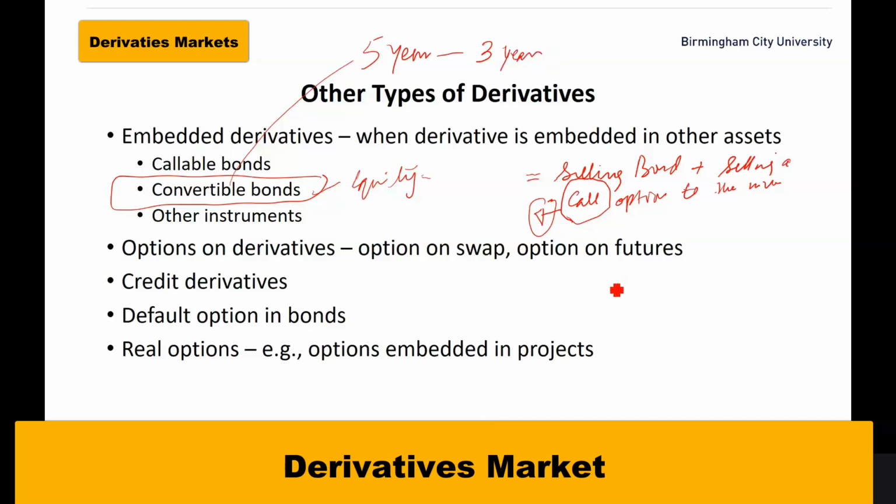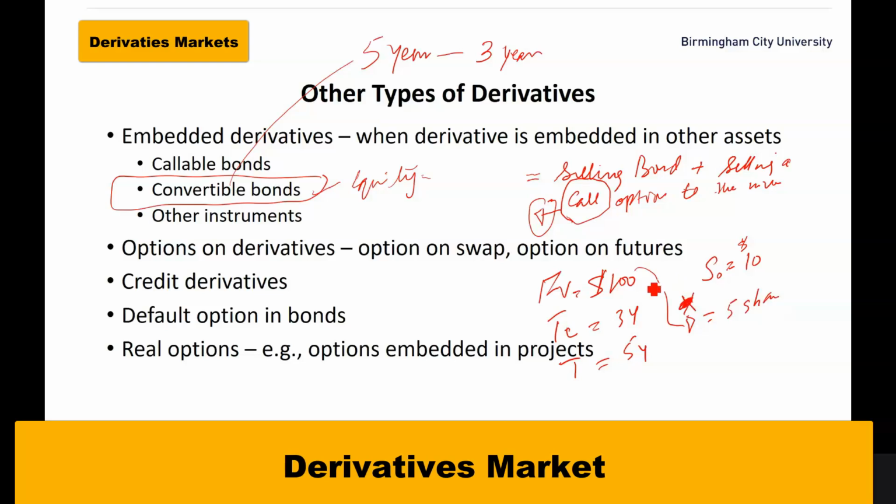Let's suppose I have a convertible bond that has a face value of $100, and right now the stock price of Robinhood in the market is, let's suppose, $10. The convertibility option is in 3 years, the bond has a maturity of 5 years, and the number of shares it can be converted into is 5 shares.